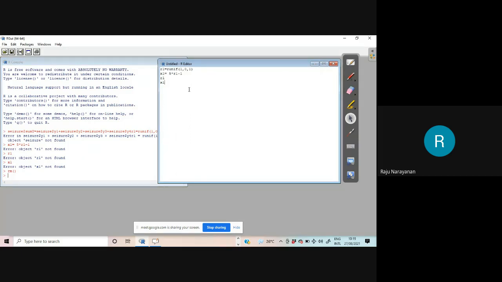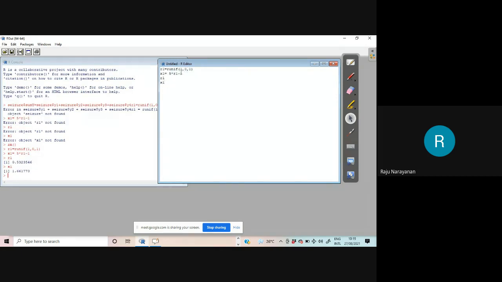Then runif(1), x1 is 5 into R1. Yeah, now it is working, because something was there in some other name, or I might not have selected all the symbols.